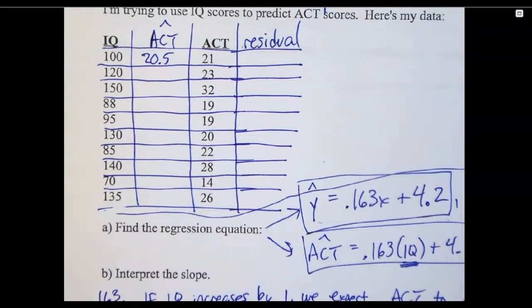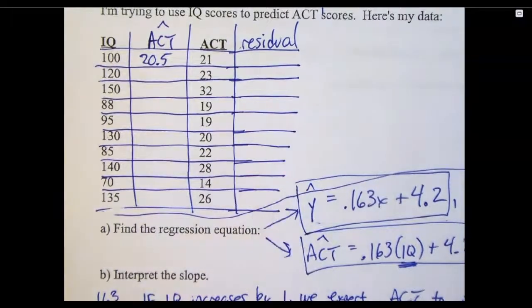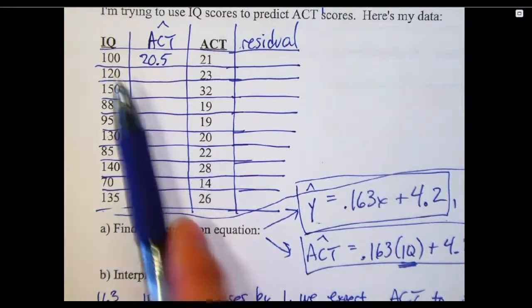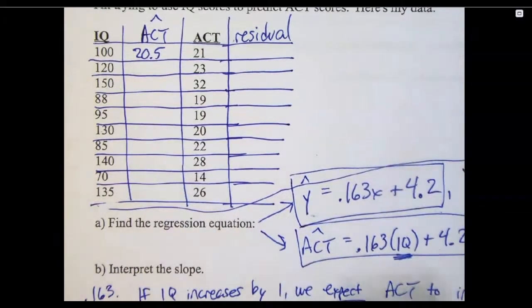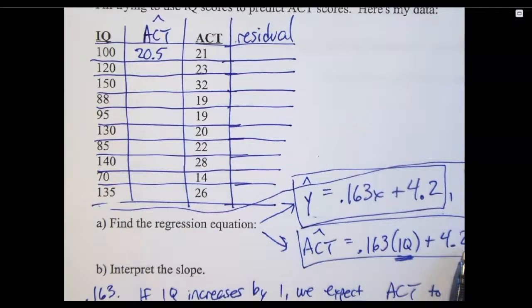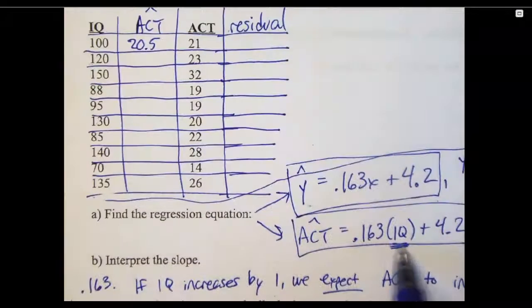Yes. Like, yeah. So I want to find, can I do that at the next point? So for 120, what ACT score would our equation predict an IQ of 120 to get on the ACT? So I'm taking 120, I'm just putting it right there in my equation.